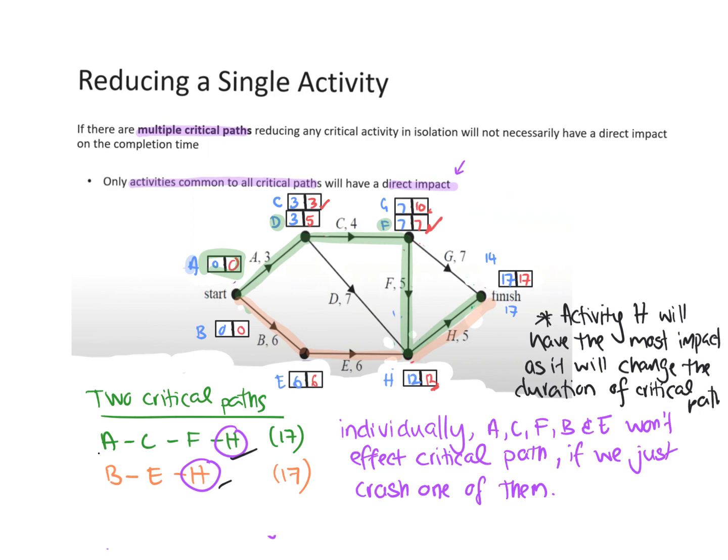Now, so let's just do that. If I crash H, that one would go down to 15.